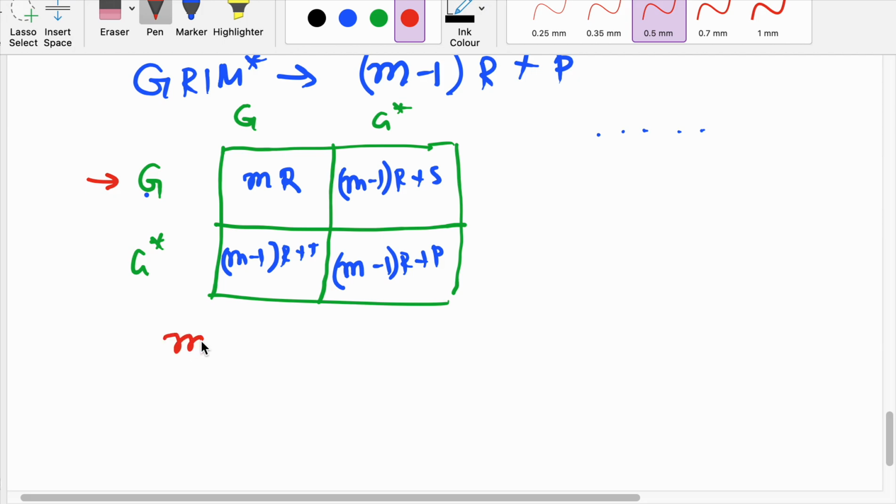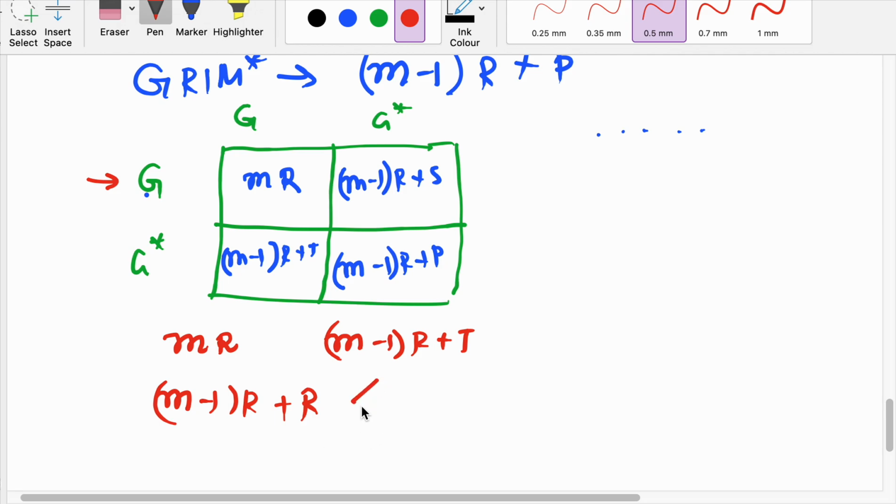If I play green, I will get MR, and if I play green star instead, I will get (M-1)R + T. And you will find that (M-1)R + R is always lesser than (M-1)R + T, because the temptation to defect is always higher. So I will always have a motivation: if my opponent is playing green, I will always have an incentive not to play green but to play green star.